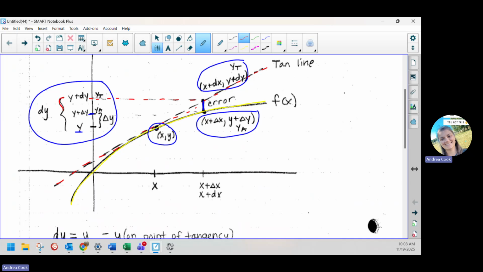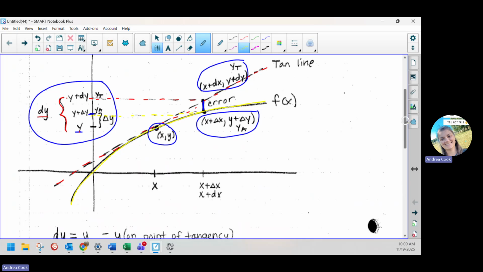So the difference between the y value on the original and the y value on the tangent line, we call delta y. And when you go to the tangent line, that's the red line, the difference of the y values on the point of tangency and the tangent line we call dy.